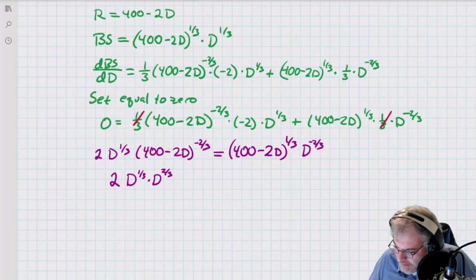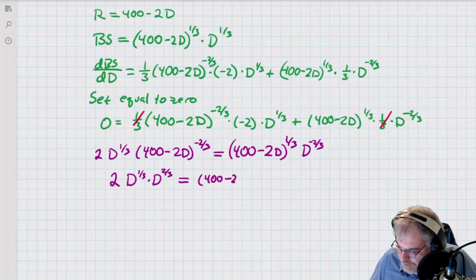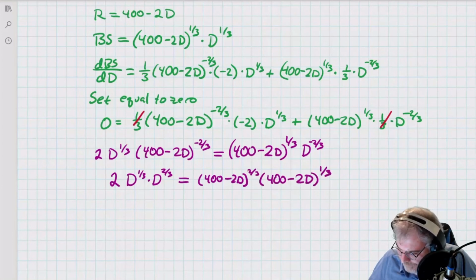They're gone. Equals (400 minus 2D) to the 2/3 times (400 minus 2D) to the 1/3. And I say goodbye to my exponents because I add them together.